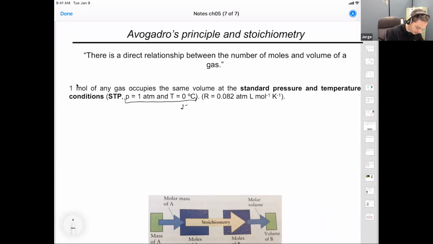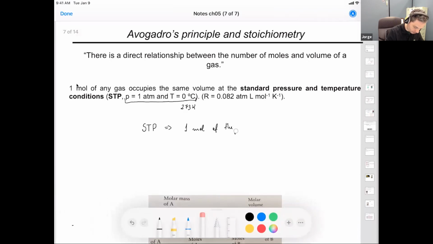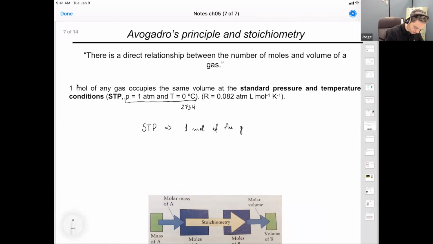Remember that 0 degrees Celsius is the same thing as 273 Kelvin. Therefore, no matter the identity of the gas, if the gas is under STP conditions, 1 mole of the gas is going to be equal to 22.4 liters.